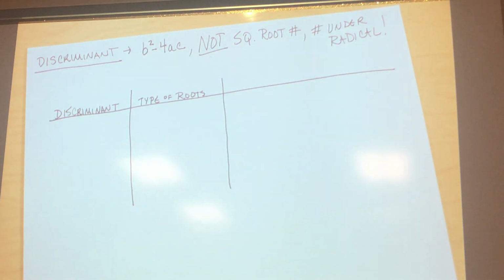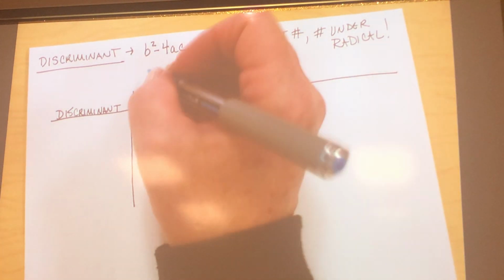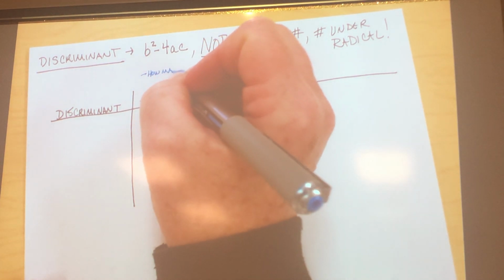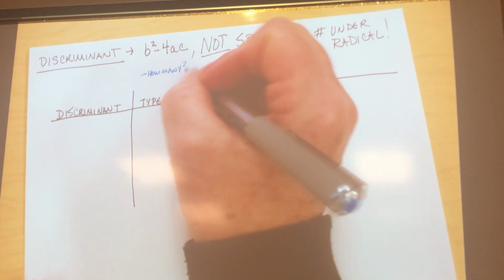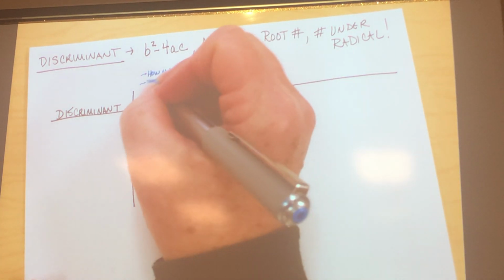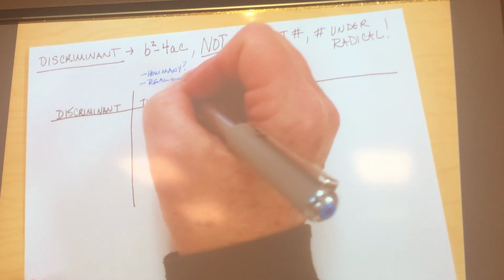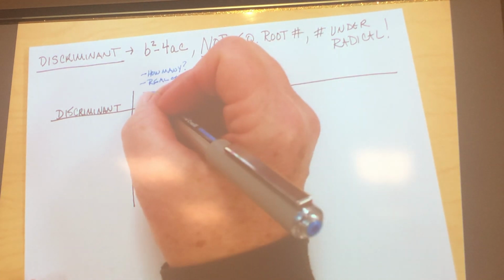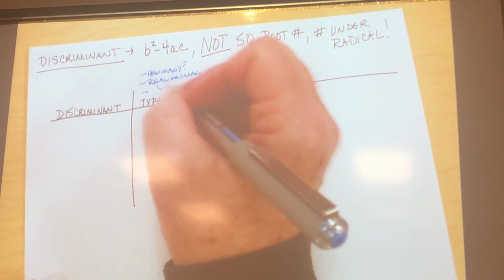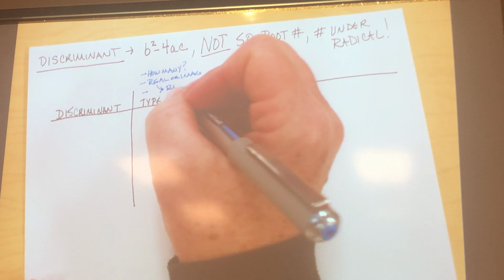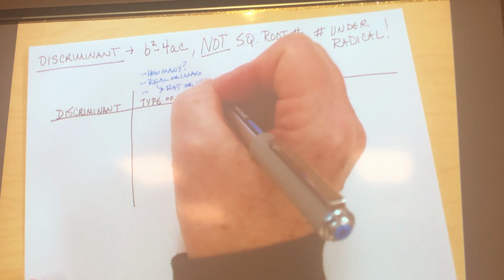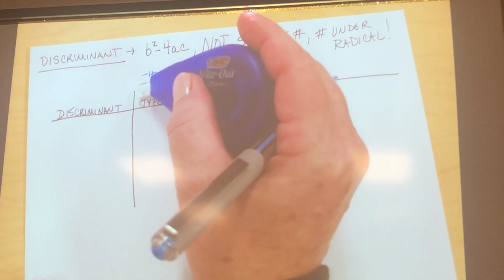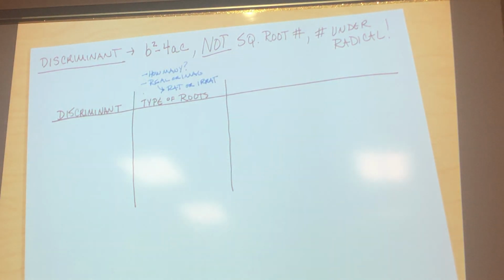When we talk about the type of roots, first, I'm looking for how many. Did we talk about that with each one of those problems? Yes. And then I want to know, is it real or imaginary? And then, if it is real, is it rational or irrational? Those are the things that I'm looking for.